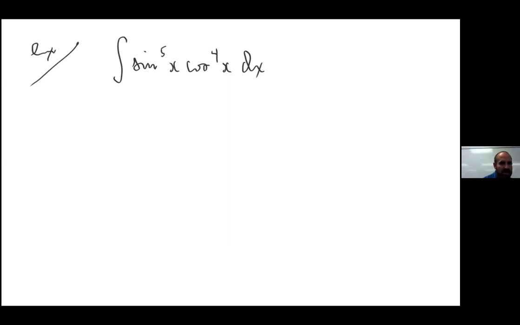I'm going to let you work on that on your own, remembering the guidelines we just laid down together. So sine to the fifth power times cosine to the fourth power. Think about that on your own for about 5 minutes. Talk to people around you and see what you come up with.